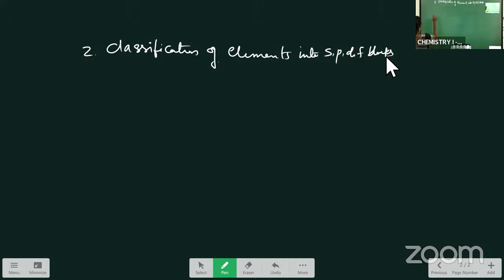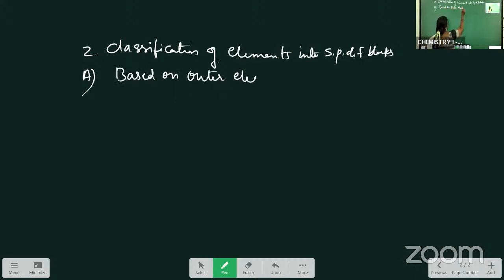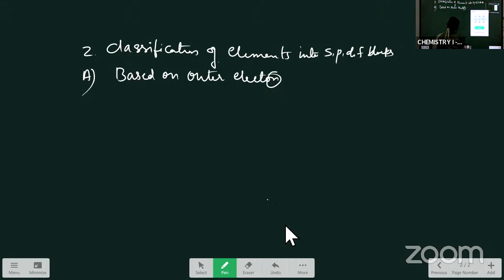Now, on what basis are the elements classified? Classification is done based on outer electronic configuration.